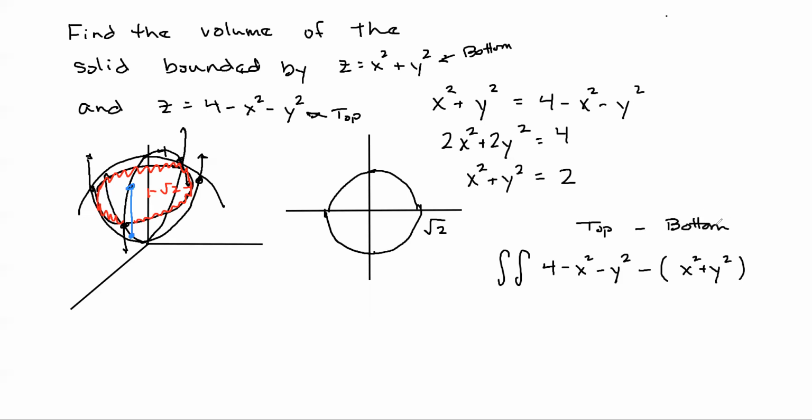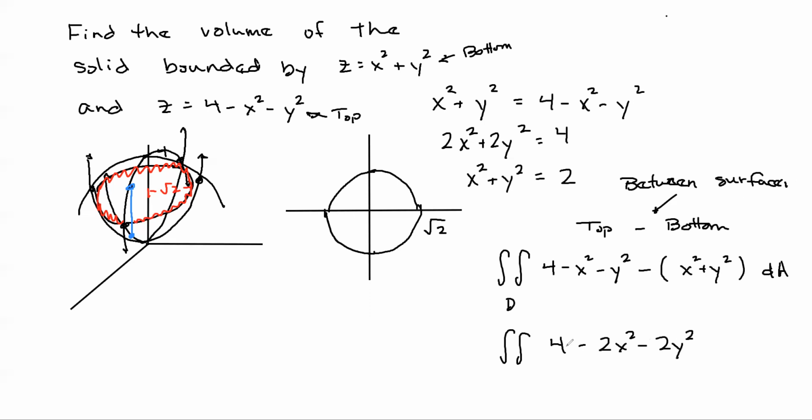That gets us the volume between the surfaces. All right, and then we can rewrite this, and we're just going to leave the dA. This is 4 minus 2x squared minus 2y squared dA. All right, and let's go to the next page here.